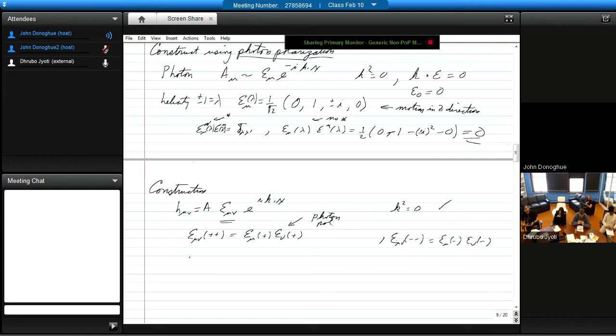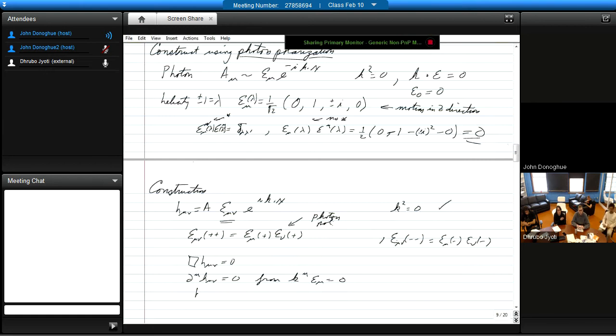This satisfies obviously box h equals 0. It satisfies d mu h mu nu equals 0, since we have k mu epsilon mu equals 0. So if I dot k into either of those indices, I get 0.